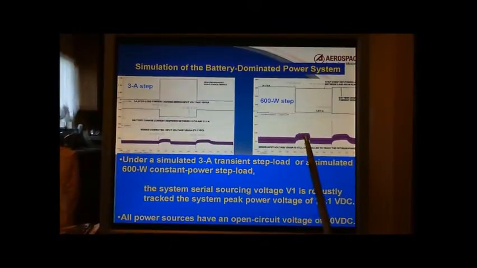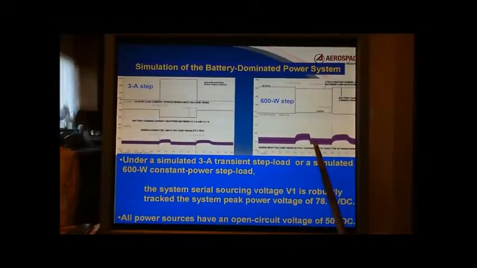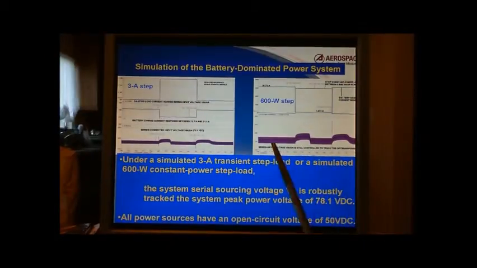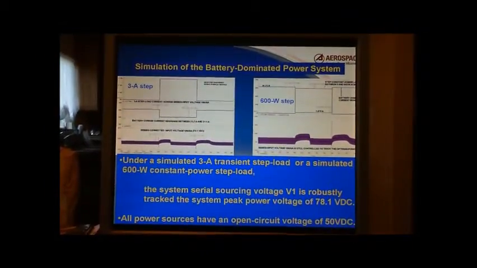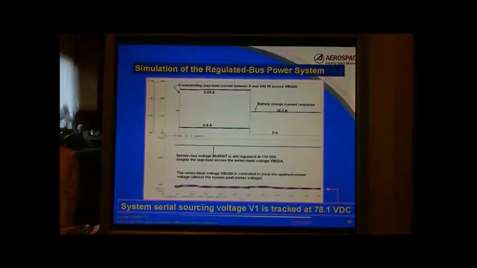Despite some transient in the short term, it is able to restore back to 78 volts, the optimum system series input voltage. This shows that the maximum power tracking is robust and able to tolerate load turbulence. For this system simulation, all power sources have an open circuit voltage of 50 volts with different sourcing impedance.